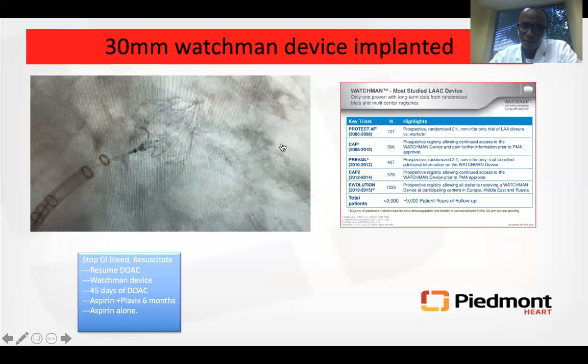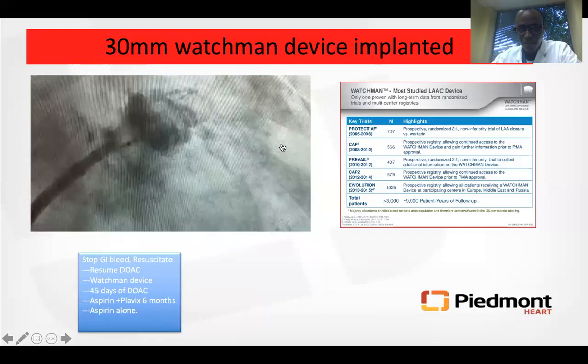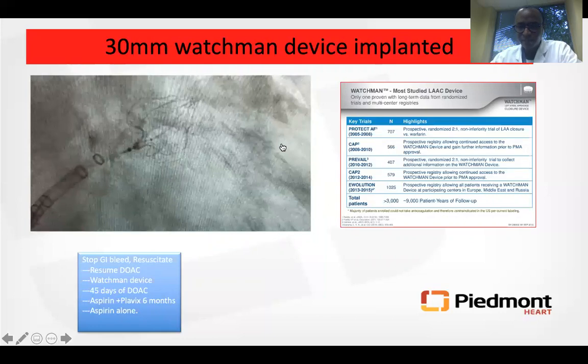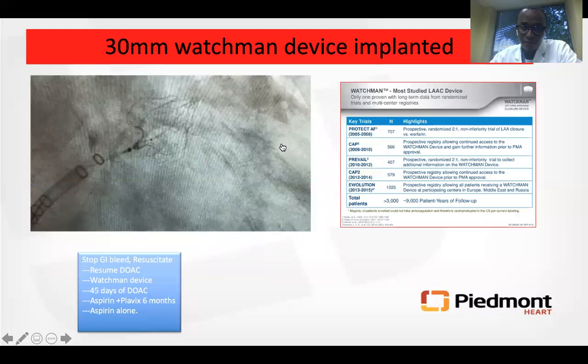Because of the presence of right coronary artery stenosis that would potentially require intervention down the road, we did not want her to get a stent and at the same time go on therapy for her atrial fibrillation with triple therapy, which would require aspirin, Plavix, as well as oral anticoagulation, which would intensify her risk of developing future GI bleeds. Therefore, we decided to place this Watchman device. A 30mm device was implanted easily in her left atrial appendage, and she essentially went on to live a normal life.